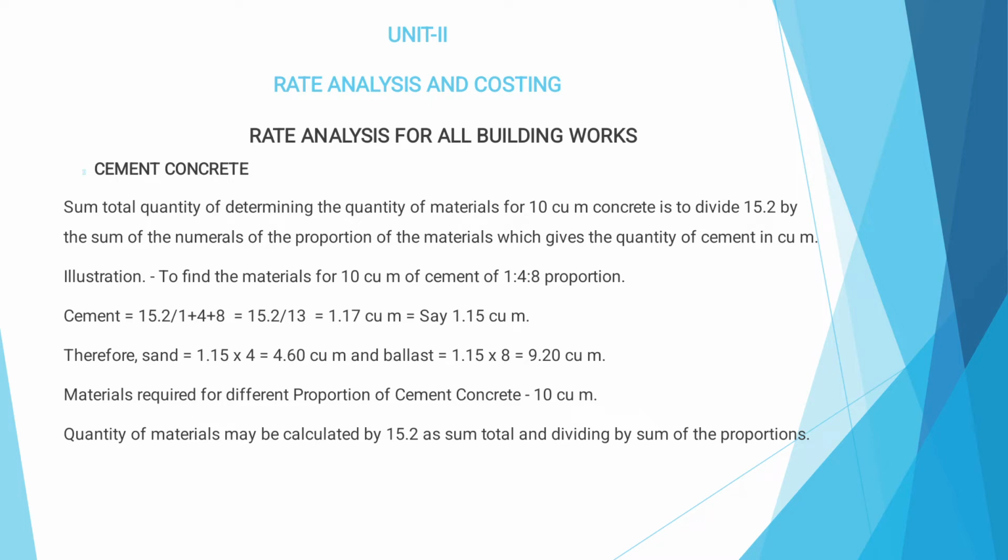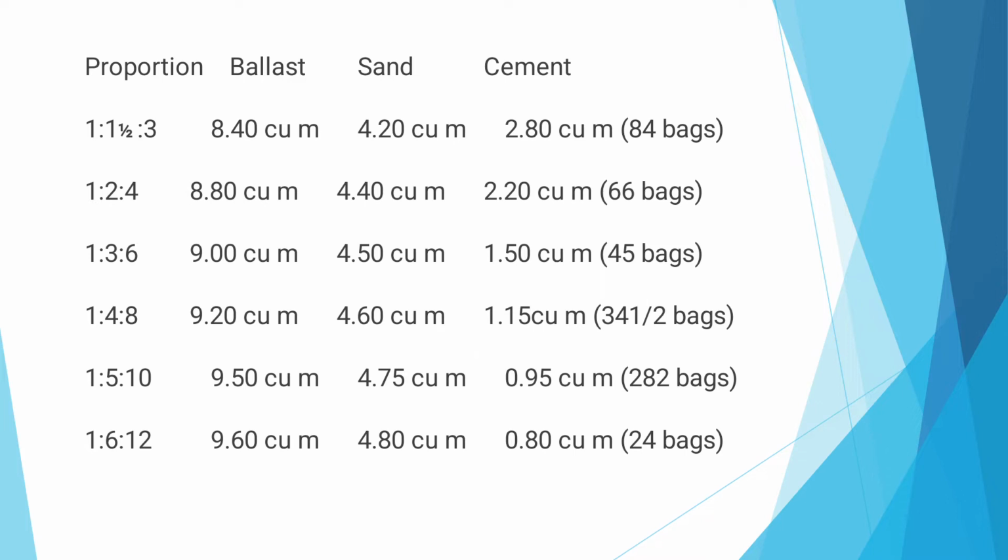Materials required for different proportions of cement concrete for 10 cubic meter: the quantity of materials may be calculated by taking 15.2 as the sum total and dividing by the sum of the proportion. For the 1:1.5:3 proportion, ballast is 8.40 cubic meter, sand 4.20 cubic meter, cement 2.80 cubic meter.